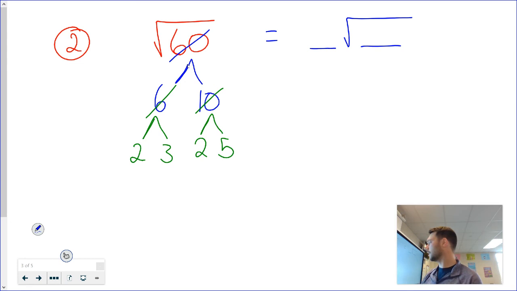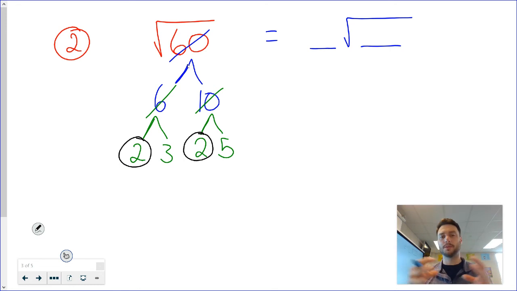Well, if we look here, we'll notice that I have a pair of 2's again. Hey, here's a 2, and here's a 2. Together, they group together, and 1 2 gets to come out front. We use both of them up, and 1 2 shows up. Okay. Are there any more pairs?